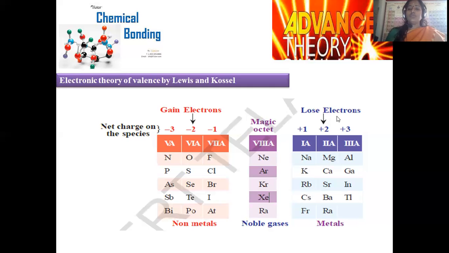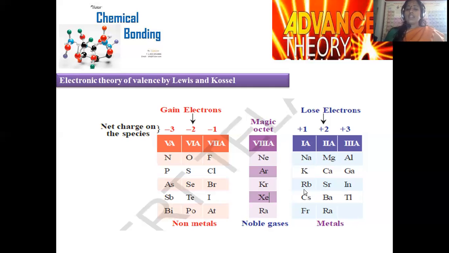Here, loss of electrons is the general trend in the case of metals. They always have a tendency to release electrons, because by releasing electrons they become electropositive, and moreover attain the noble gas octet configuration.